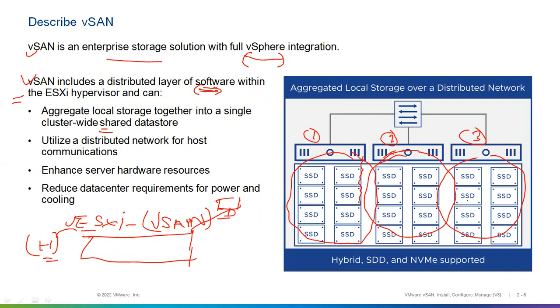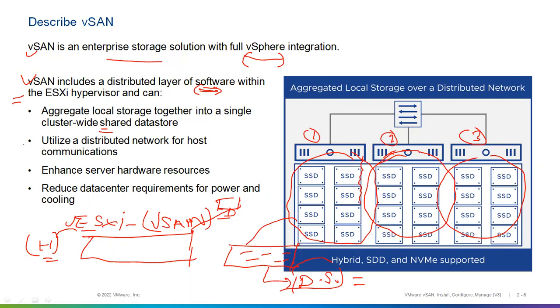Aggregating means it is collecting, merging them logically, and making a logical pool of all these disks together to make one storage present on the ESXi hosts, which we refer to as the vSAN datastore.